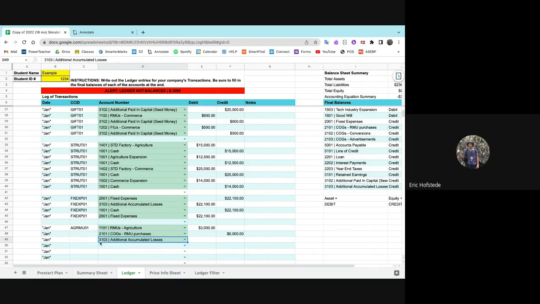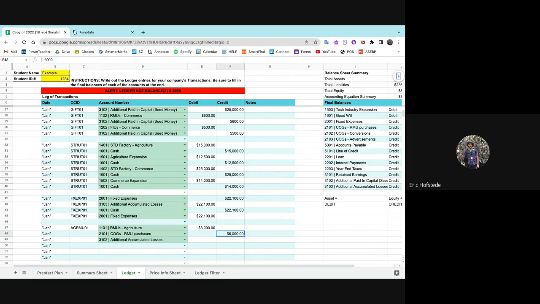These accounts starting with a 3, right? They're always going to be there to balance your ledger. So if you feel like you're done a transaction and it's not balanced, it's probably because you're missing an equity account, either retained earnings or an accumulated loss. So when I lost this amount, my RMUs I gained were less than the bill that I received.